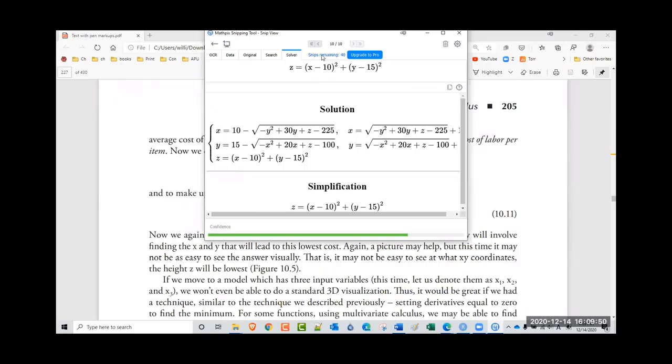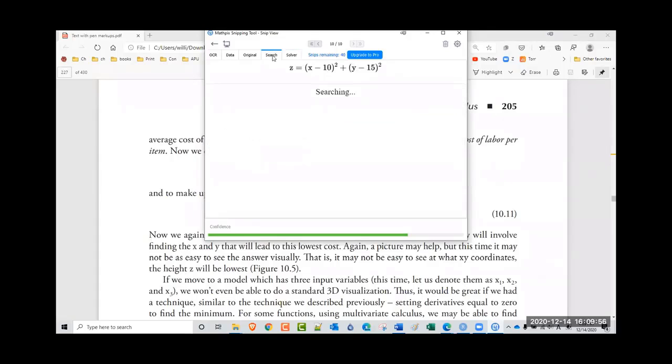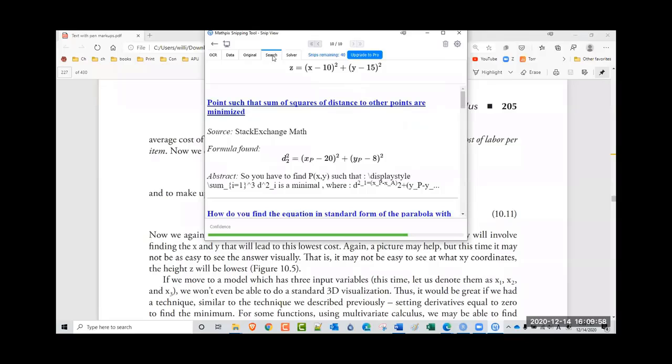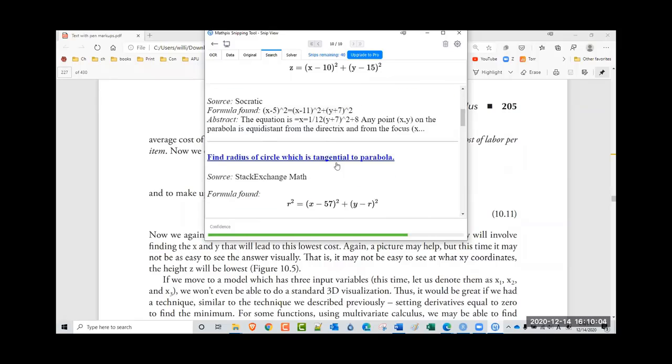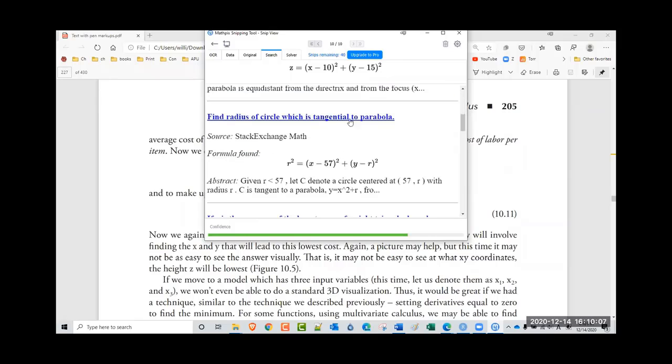And you can see where it says snips remaining 40. I only have 40. And I don't know what search does. Oh, it searches on the web maybe to find something similar or examples and so on. That's nice.